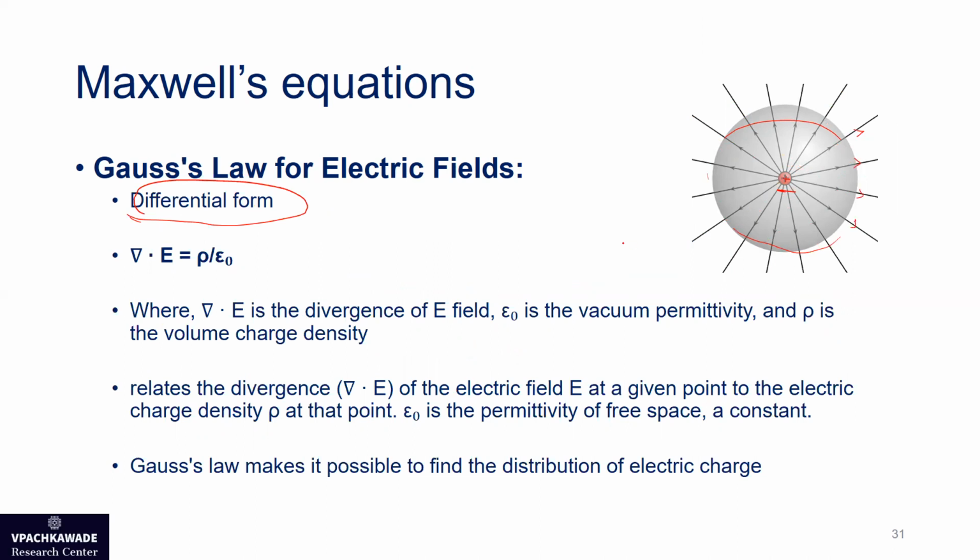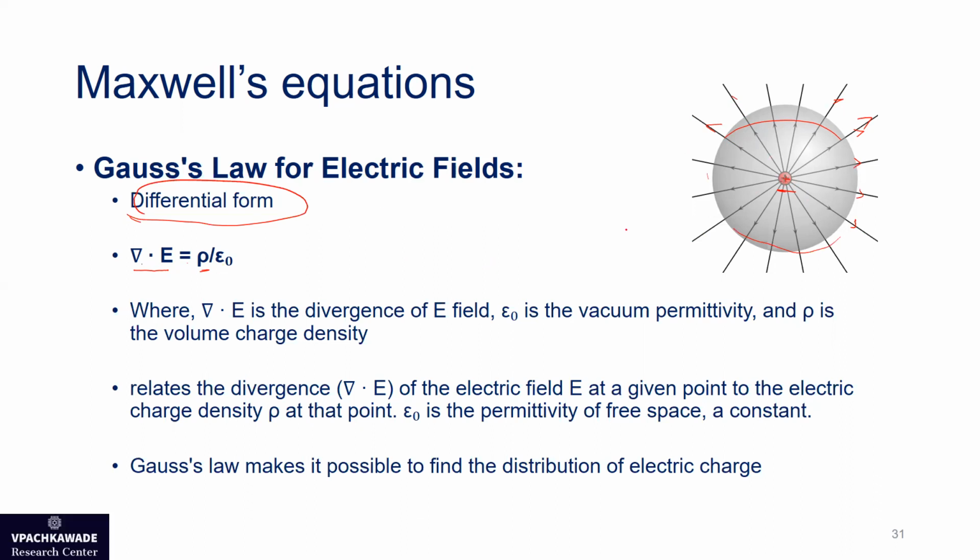So that flux can be linked to the charge density. So this says that del dot E is the divergence of the electric field. Divergence means lines are coming out, diverging. That's why we say that this divergence, which is the dot product del dot E, is proportional to 1 over epsilon multiplied by the charge density.